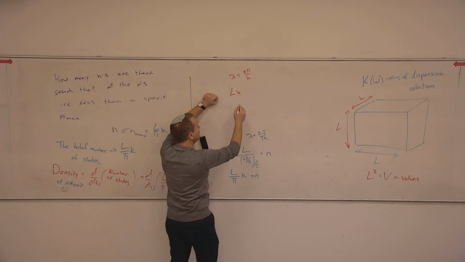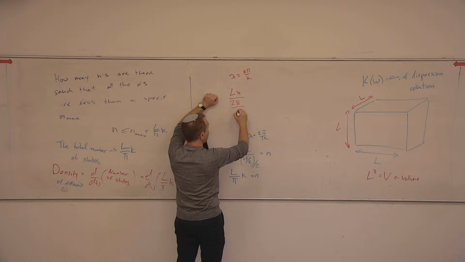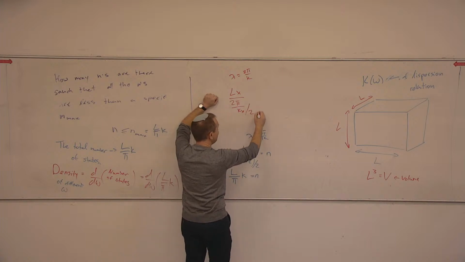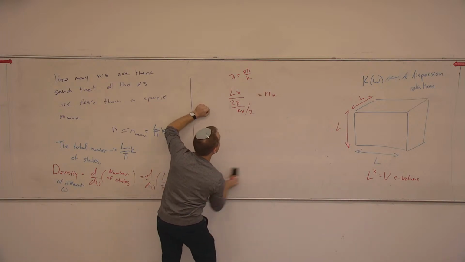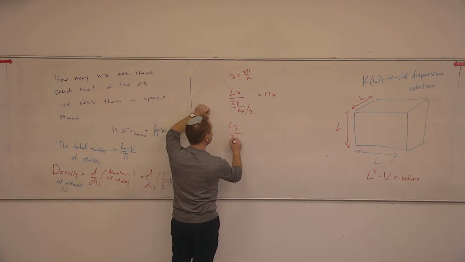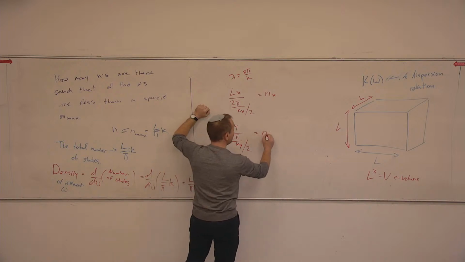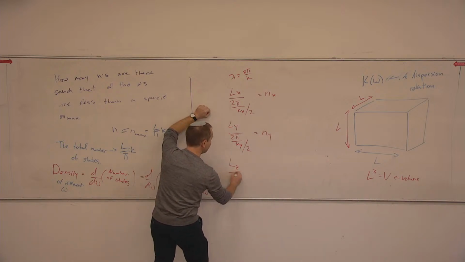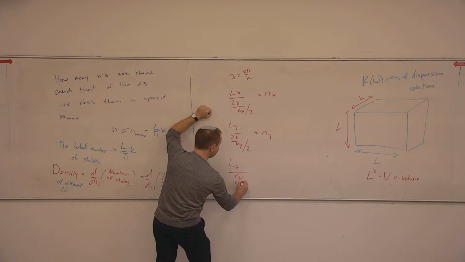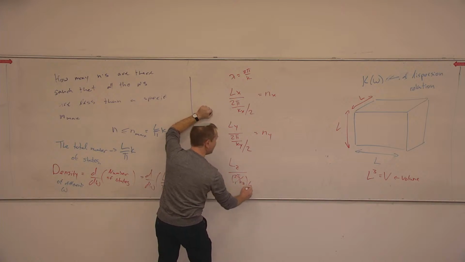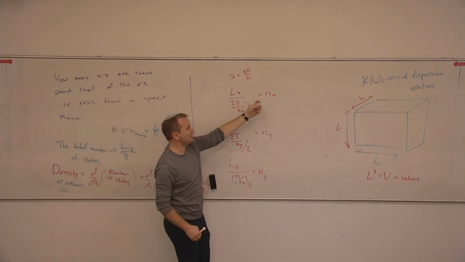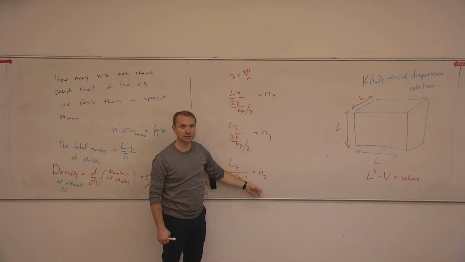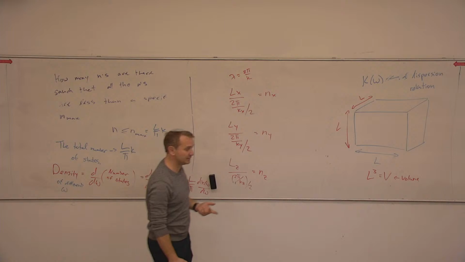Lx divided by 2π/kx divided by 2 equals nx. And Ly divided by 2π/ky divided by 2 equals ny. And Lz divided by 2π/kz divided by 2 equals nz. So instead of one integer, we have three different integers, nx, ny, and nz.